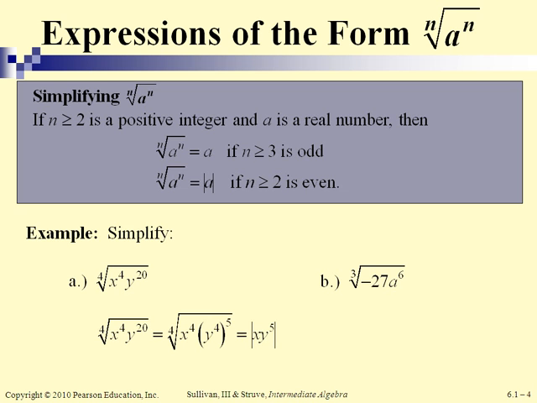Now, what about this part B? The index is what? 3. It's odd. And inside, the radicand is negative. So the result will be negative. Now, 27 is one number to the power 3, 3 cubed. Okay?